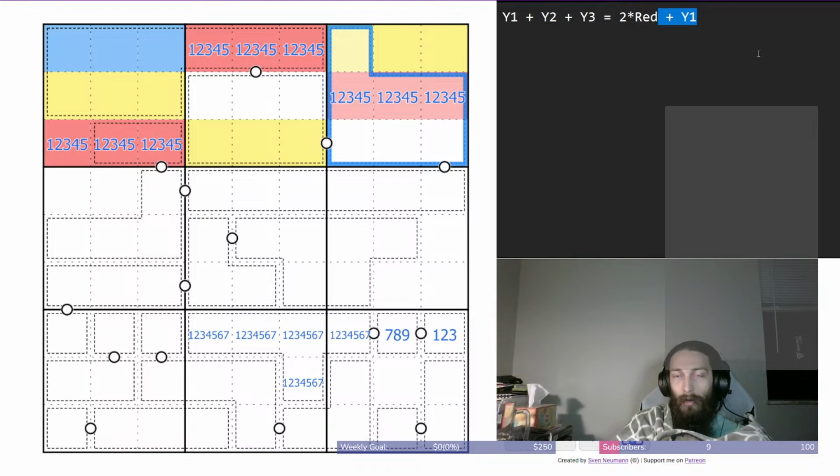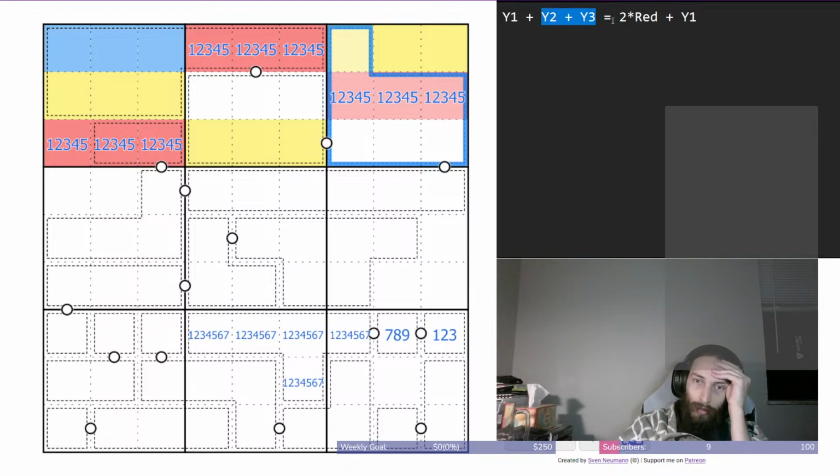Right, and then if we subtract, okay, that makes more sense. So y2 plus y3 is equal to twice red. Math is hard right now. And we know that red is equal to 6, 7, or 8.